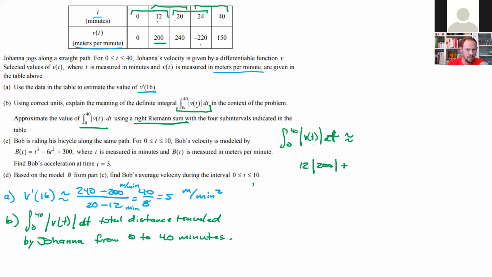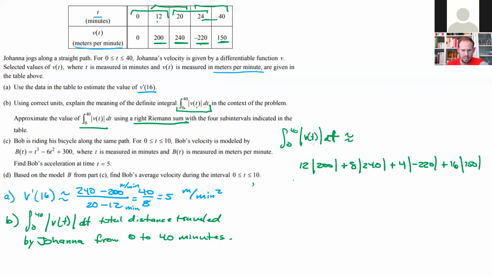Plus the width of this one, 12 to 20 is 8, times the absolute value of the right side, which is 240. Plus the width of this one is 4. Now here's where the absolute value comes in because we have this negative 220 here. Plus the width here is 16, and then the right side is the 150.